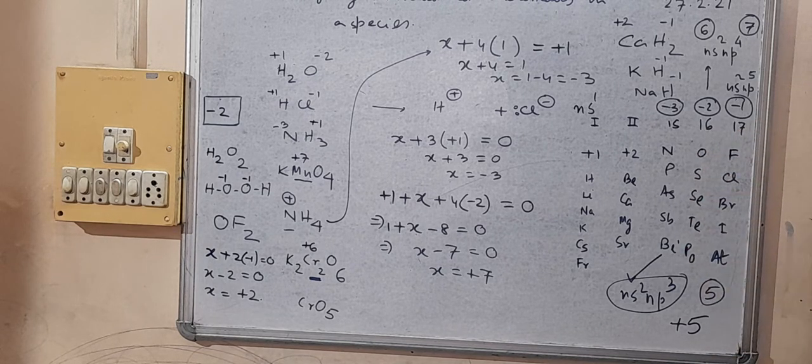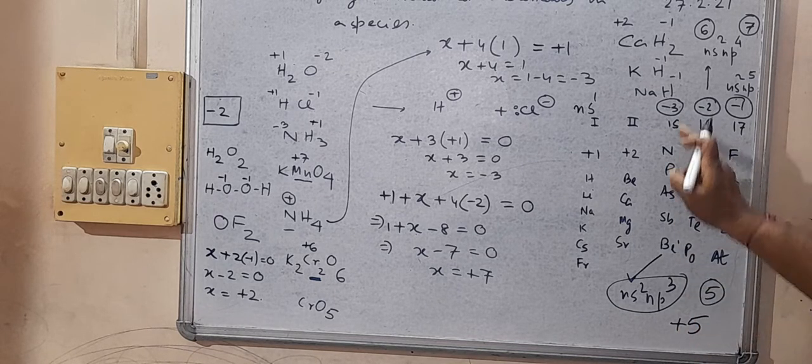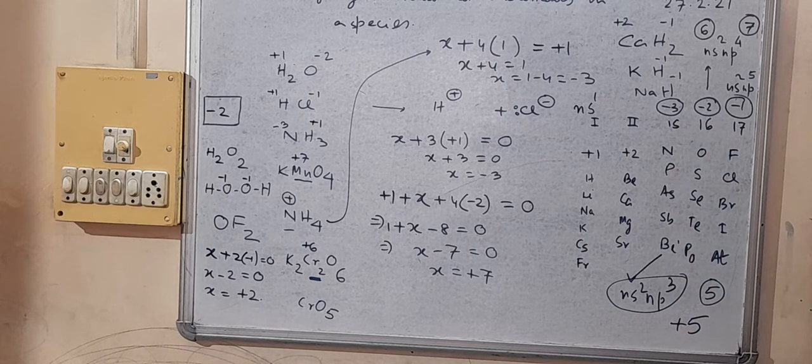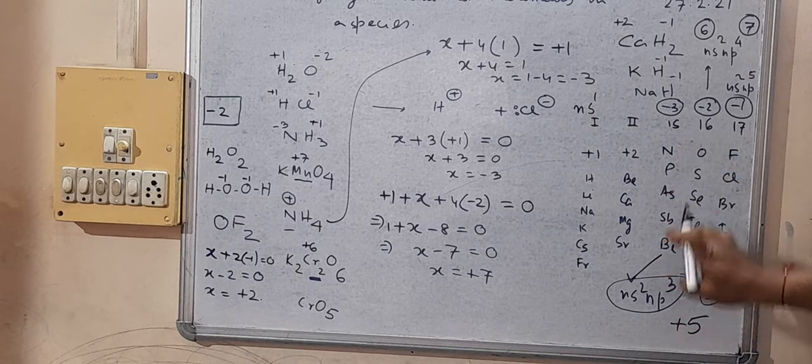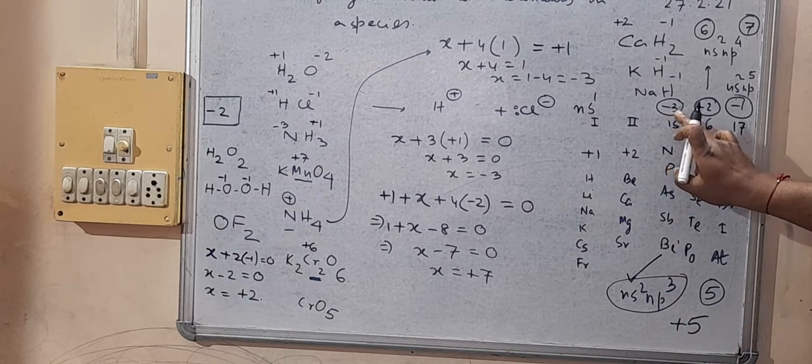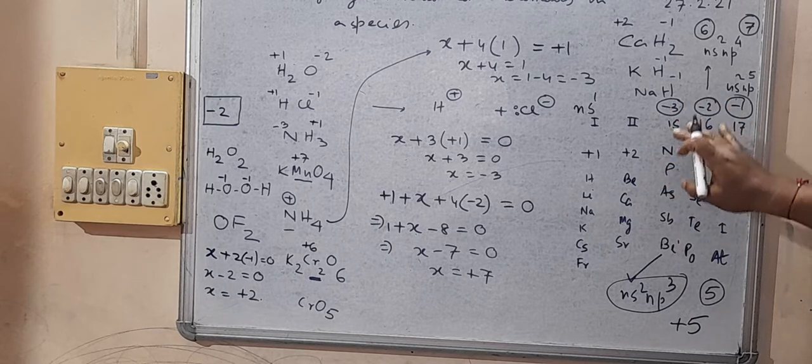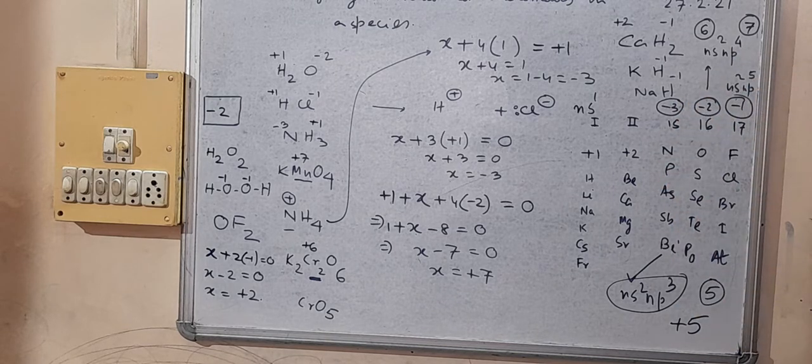In any compound, in any species, they cannot have more than +5. +5 is the highest. Their common oxidation state is -3, but their maximum oxidation state is +5.